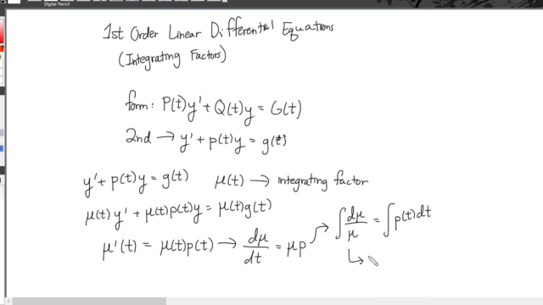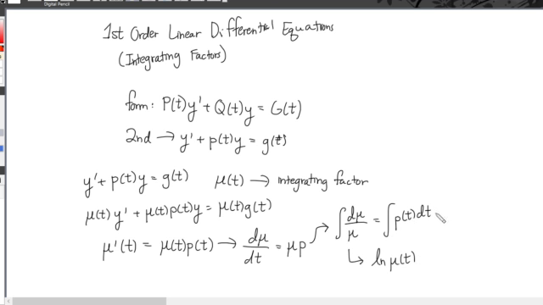And this would just be the natural log of mu of t. So we can see that mu of t has to be positive, otherwise it's not going to return a value, because you can't take the natural log of 0 or a negative number.